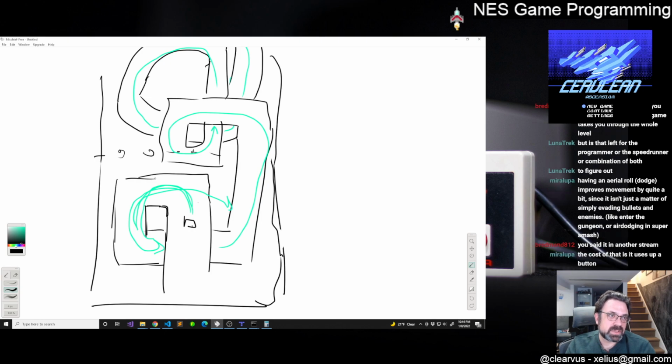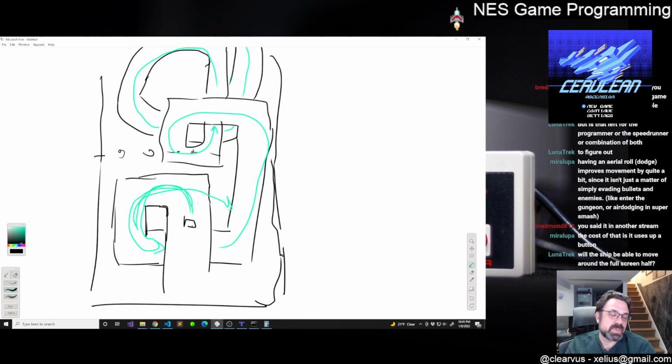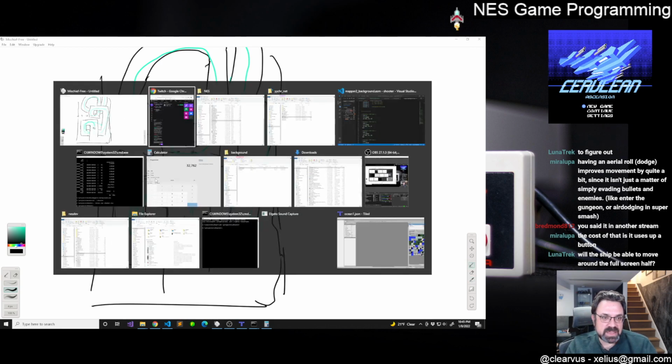I may have said it, but at the same time, with the shmup, how many buttons do you actually need? The ship will be able to move throughout the whole screen, like it is today. That doesn't change.